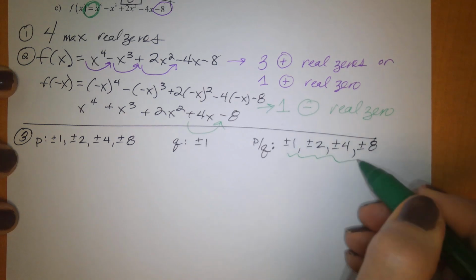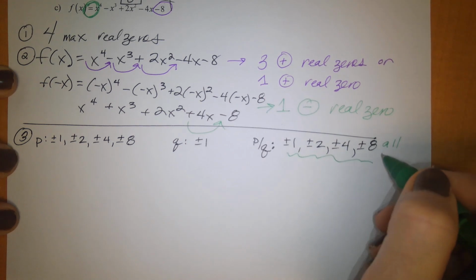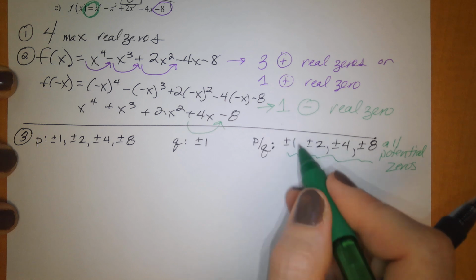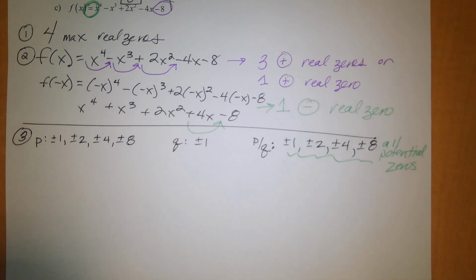So this is a list of all potential zeros. And we're going to have to check all 8 of those zeros potentially to determine whether it's a zero or a factor of the original polynomial.